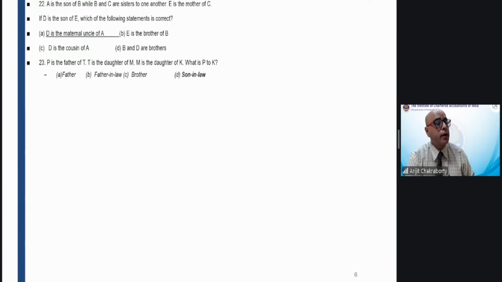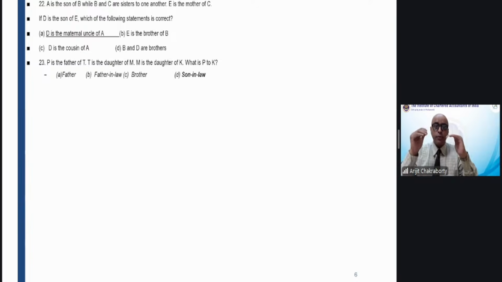Next fact says M is the daughter of K. As we could easily understand, M is the mother, so she is female, but now it is given she is the daughter of K. The question is, what is the relation between P and K? You can easily understand that two generations are given here.